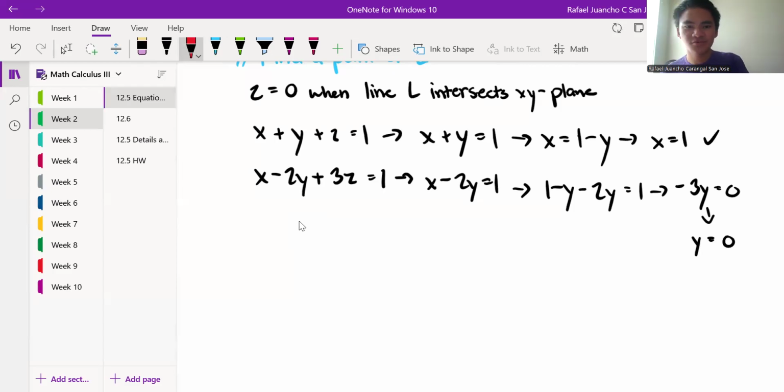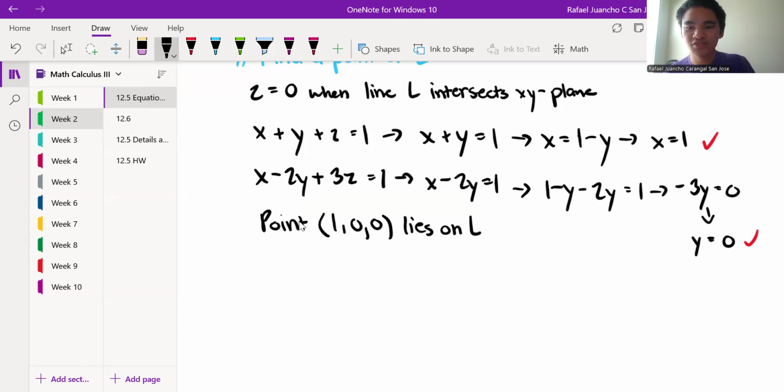I'm going to put little check marks there. Oh, the red didn't work. And so we can say point (1, 0, 0) lies on L. That's a point that lies on L.